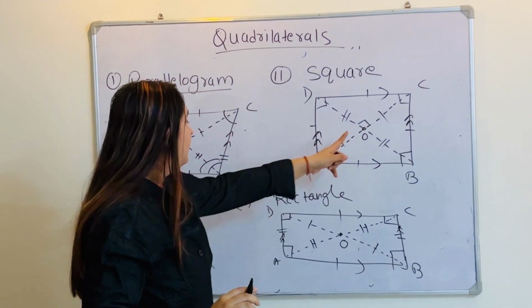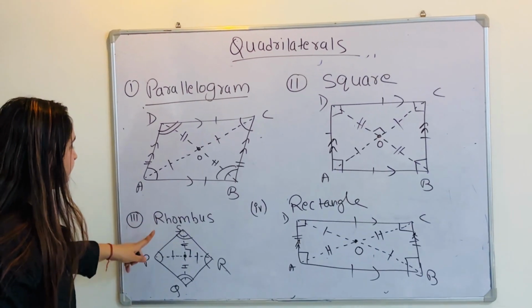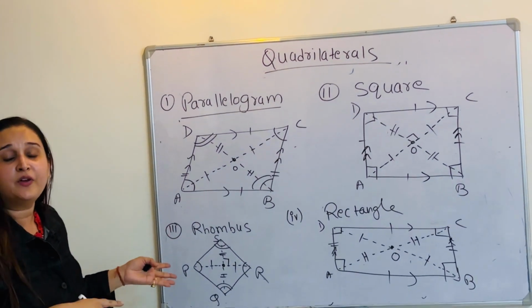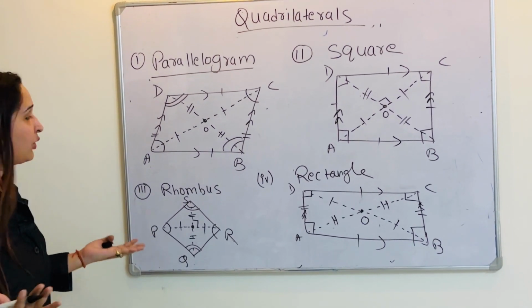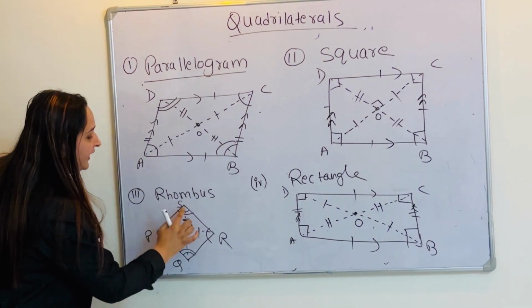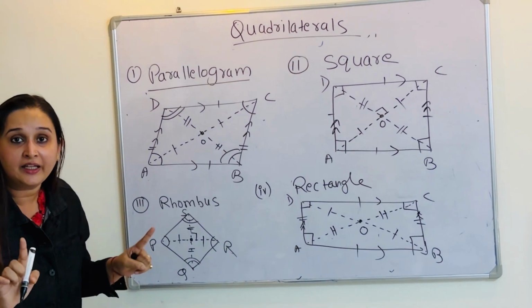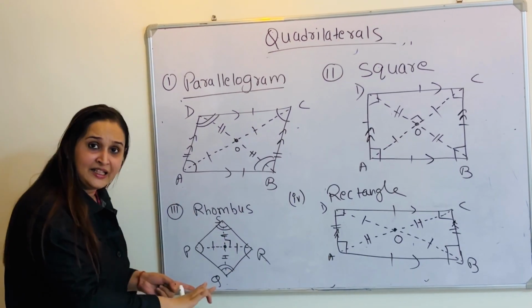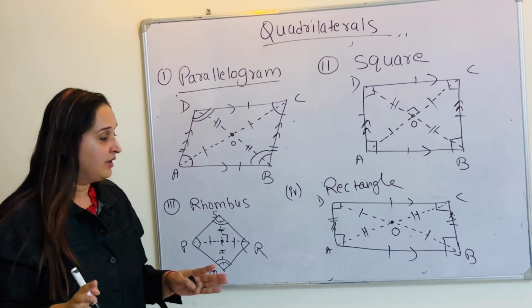Okay. Now the third one is your rhombus. Doesn't it look like a square? What is the difference between a rhombus and a square? The difference between a rhombus and a square is that these vertex angles are not 90 degrees. Second thing, the diagonals here bisect each other at 90 degrees, but they are not equal, right?